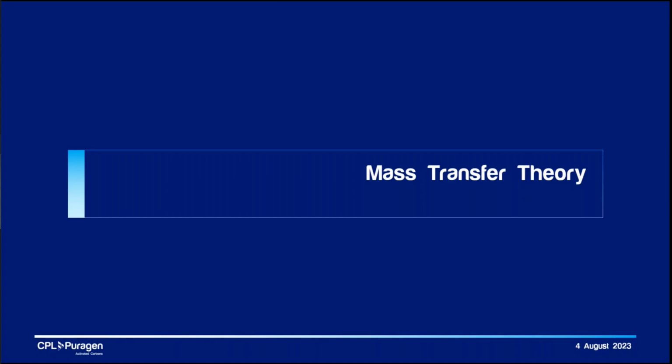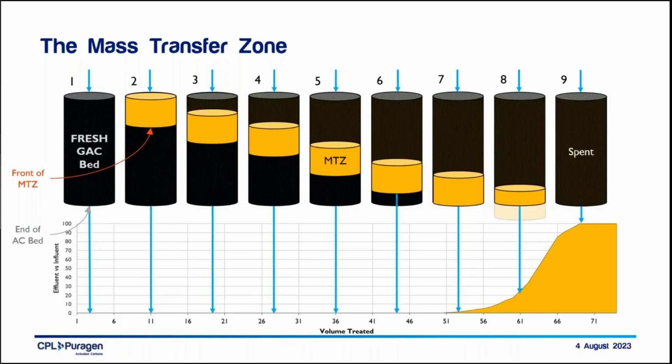In order to understand how fixed beds of activated carbon work in a real world setting, I am unfortunately going to have to go through mass transfer theory because you're going to need to understand it. So this is an overview on a macro scale of how a model fixed bed of activated carbon behaves in service.